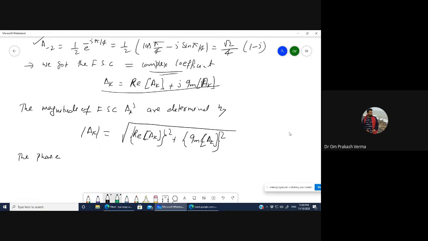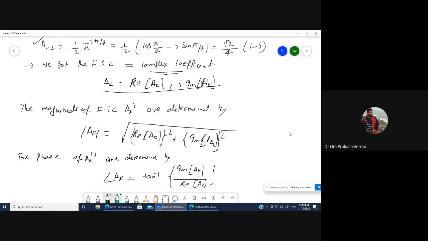The phase of AK is also determined by: angle of AK is tan inverse of the imaginary part of AK divided by the real part of AK.